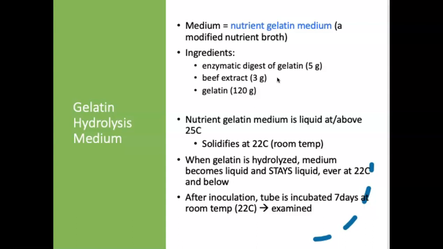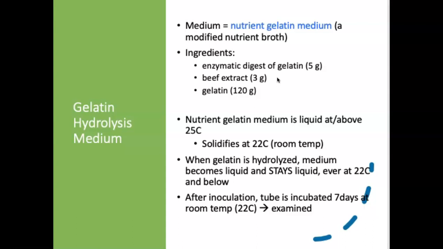The beef extract is not being added in here as a complex growth ingredient. Instead, it's being added in because beef is a mixture of protein and carbohydrate and fat. So again, it's going to keep the microbe alive long enough for us to run this test, but it's not going to support it dividing and creating new cells the way a growth medium would.